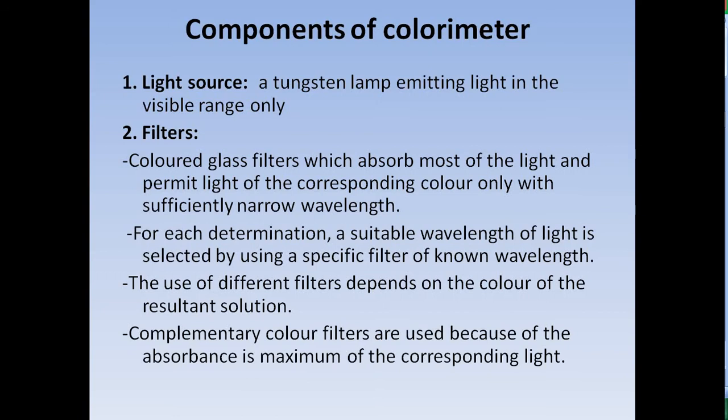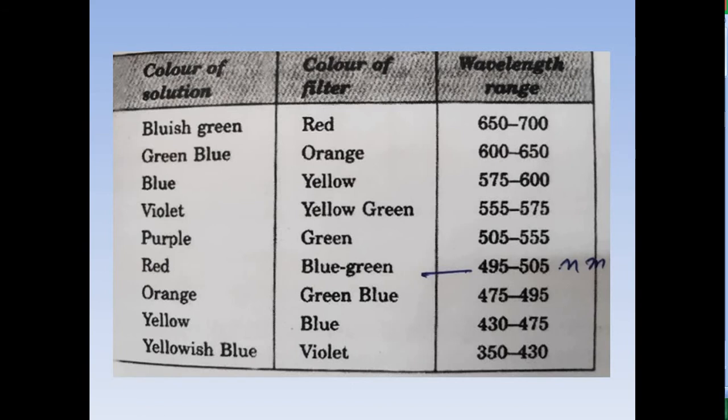Complementary color filters are used because the absorbance is maximum at the corresponding light. So let's say if the color of the solution is bluish green, then we can use a red filter whose wavelength is 650 to 700 nanometer. And if the color of the solution is purple, then we can use a green filter whose wavelength is 505 to 555.